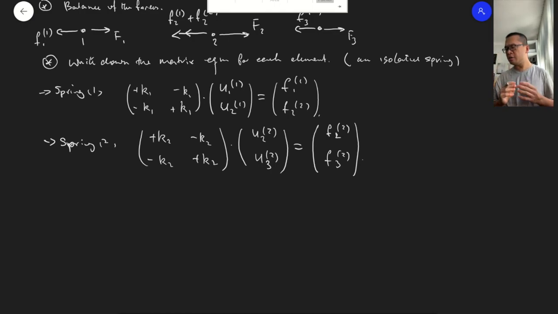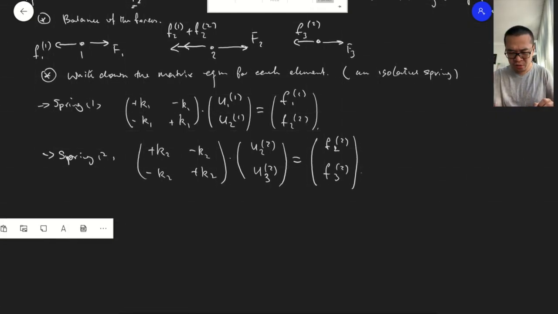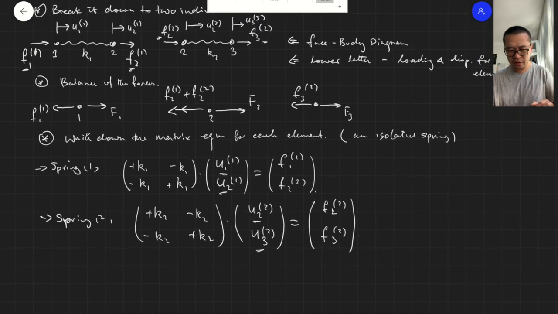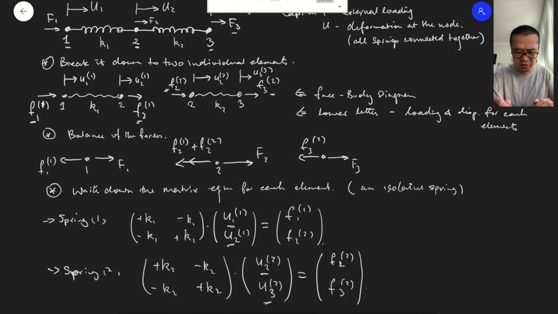Okay, now we have two sets of equations together. What you're going to notice is that the little u, no matter whether you look at the individual element level or at the whole system level, should be the same. Because no matter whether you deform the individual springs or together in the global frame, the point displacement should be the same.